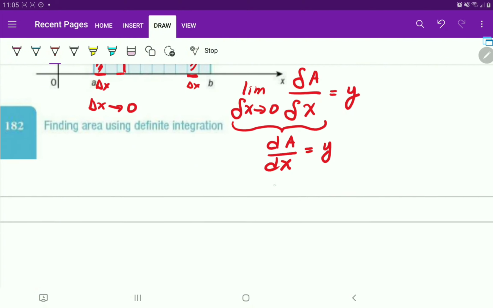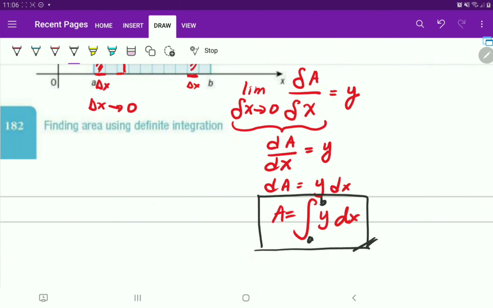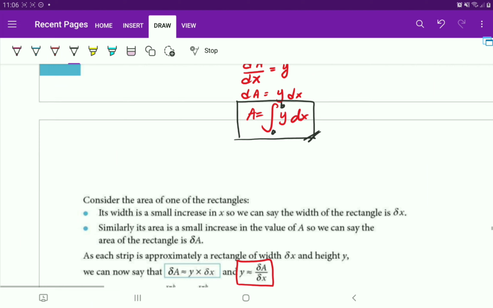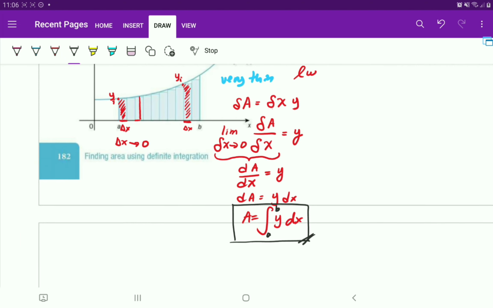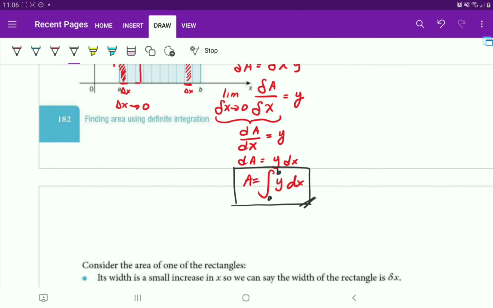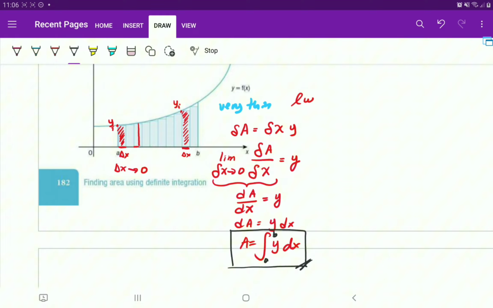Therefore, it gives us dA equal to y dx, and then our A is equal to the integral of y dx from a to b. This is now the formula that we actually want. So you don't need to perfectly know the derivation of this, but the idea behind it is to divide it into small rectangles, take the area of each, and take the sum.